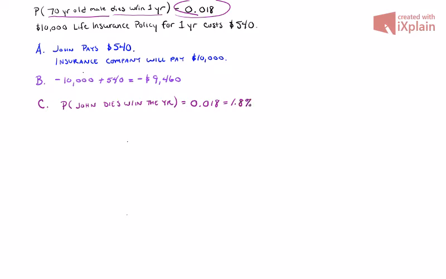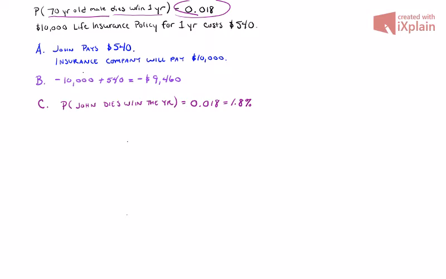So the good news for John is that it's more likely that he's not going to die within the year. There's a slim chance that it can happen. Again, it still can happen, but it seems like it's more likely that he's going to live. So good news for John.